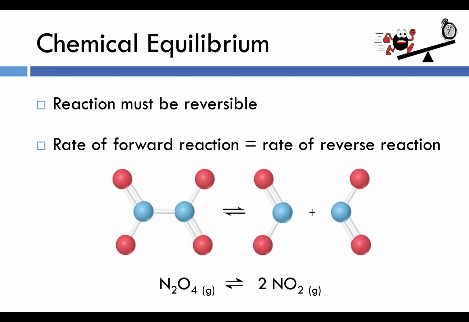Things are going to look very static. But if you could shrink yourself down small enough to see the individual atoms and molecules, we'd see that we're having this decomposition reaction and then the synthesis reaction still occurring, but the total number of N2O4 and NO2 molecules are not going to be undergoing a net change.